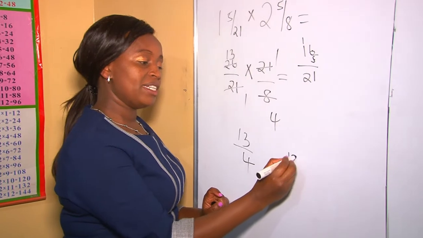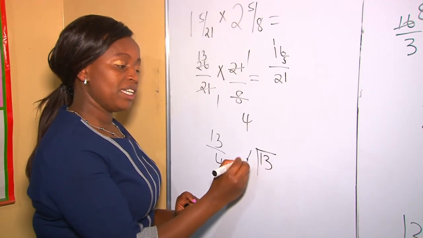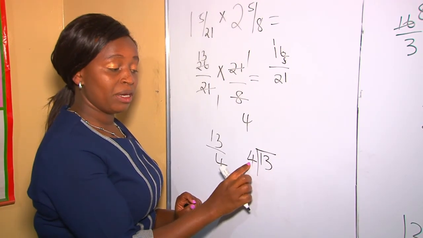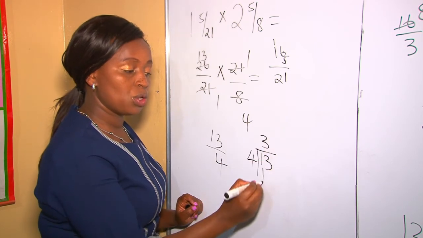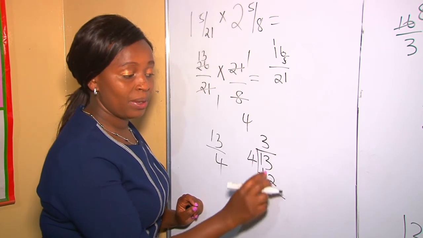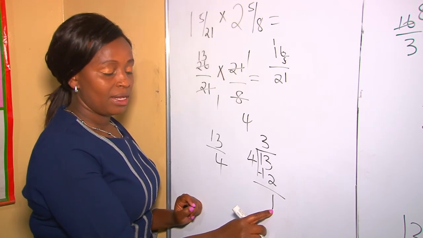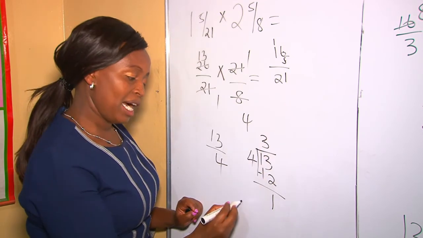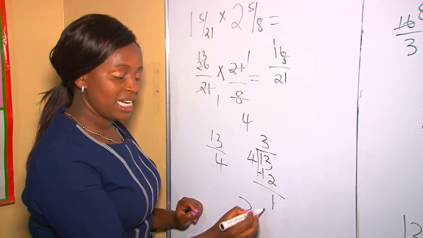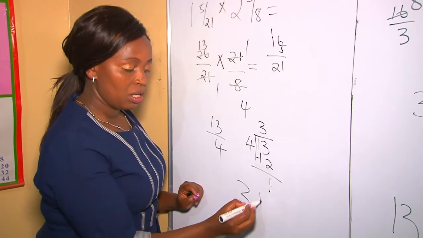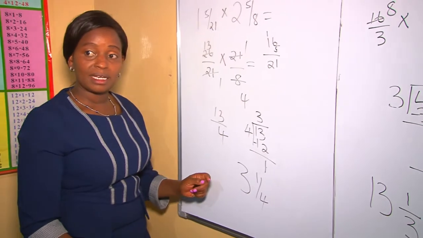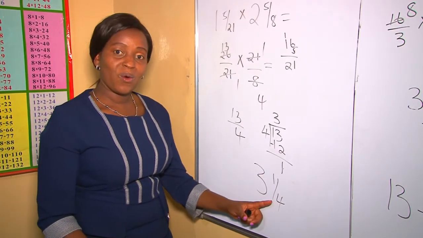So our dividend is 13, and our divisor is 4. 13 divided by 4 goes 3 times because of 12. When you take away 12 from 13, it's 1. Our remainder is 1. Therefore, our quotient becomes the whole number, and our remainder we express as a fraction over the divisor. And the answer is 3 and 1 over 4.